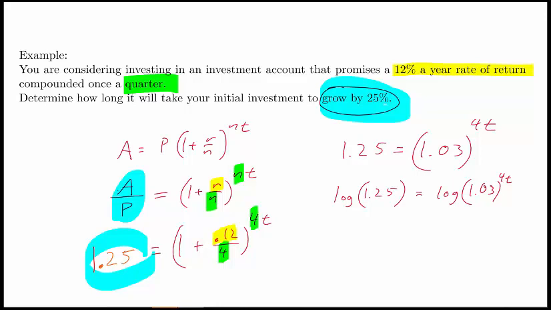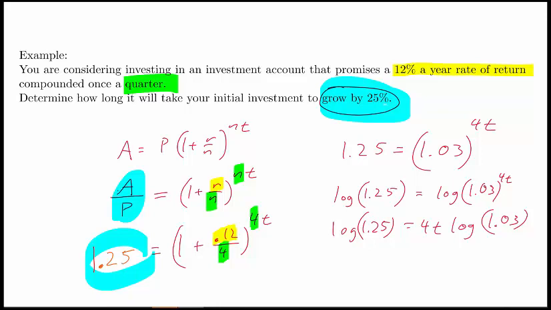Now with logs, remember they take exponents and turn them into multiplication. That's why we're taking the log, because we want to get this 4t out in front. And so we have log of 1.03, and on the left hand side staying the same.